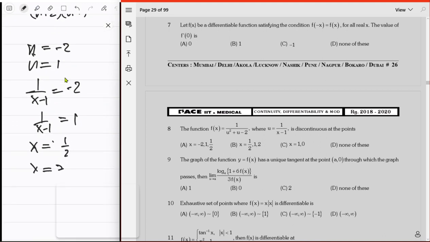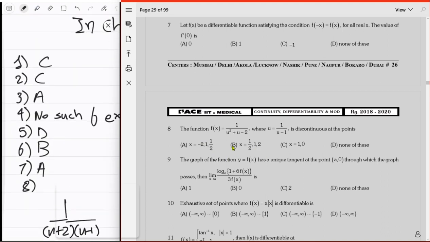So at this point it's discontinuous, at this point it's also discontinuous, and x equal to 1 is also a point of discontinuity. So it should be this way. B is the answer. Next question.